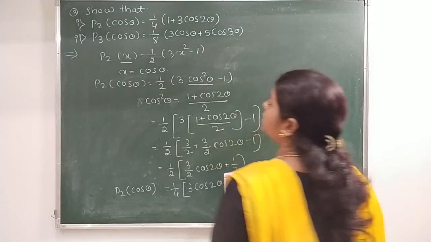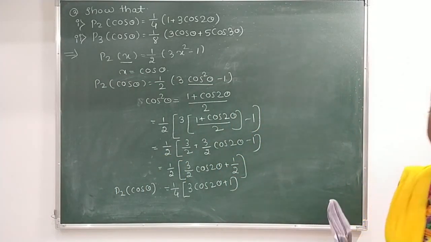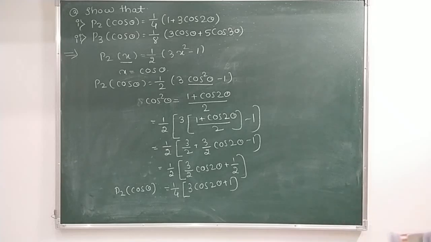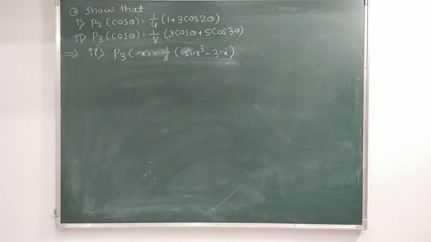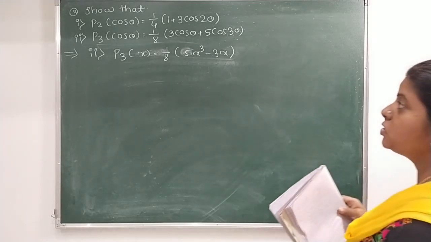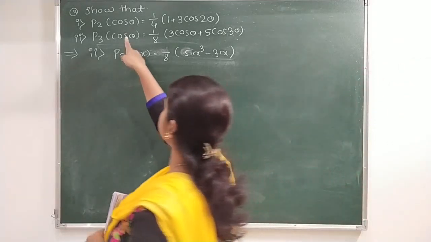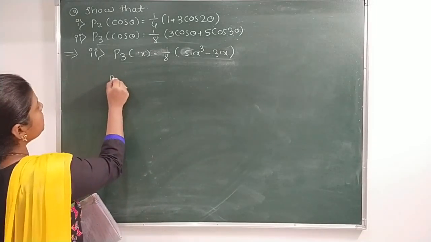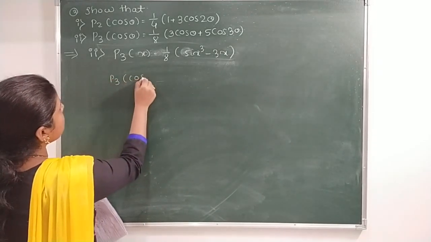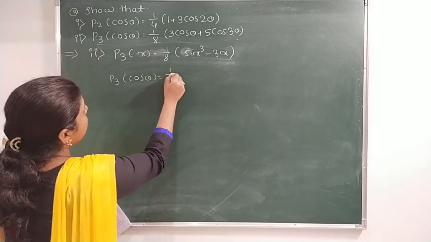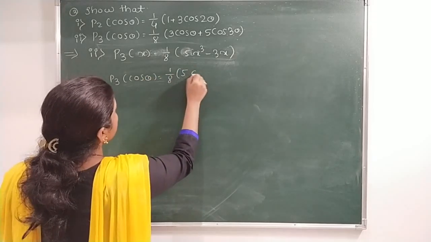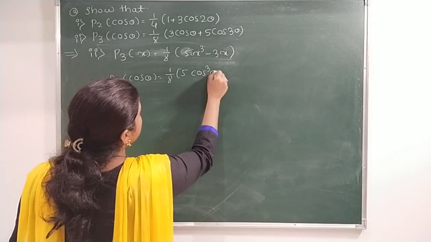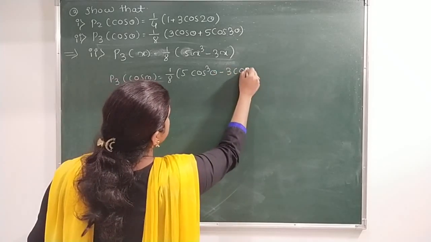Now the second one is P3 of cos theta. P3 of x is equal to, in the place of x again we have to replace it as cos theta. Here we have to get P3 of cos theta is equal to 1 by 8, 5 cos cube theta minus 3 cos theta.